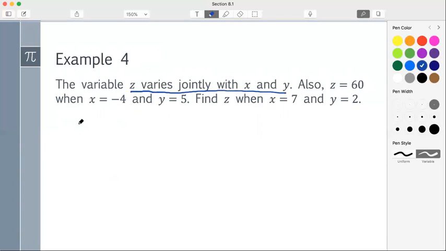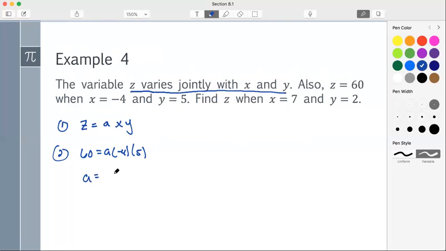So for this first sentence, step 1, I write the equation. z varies jointly: z equals a x y. Step 2, use the given information to solve for a. 60 equals a times -4 times 5.